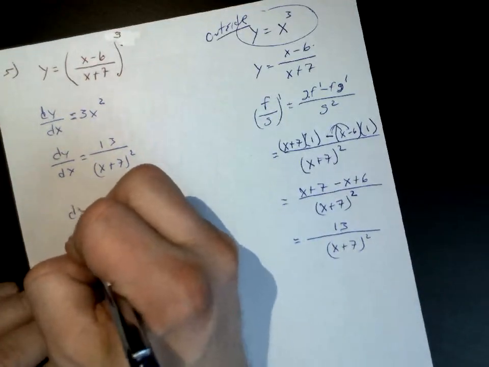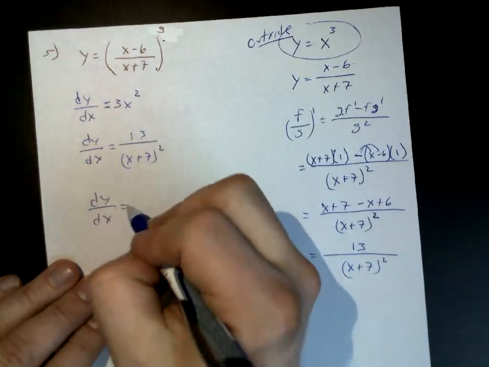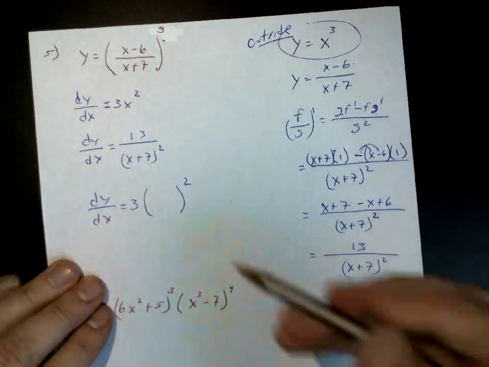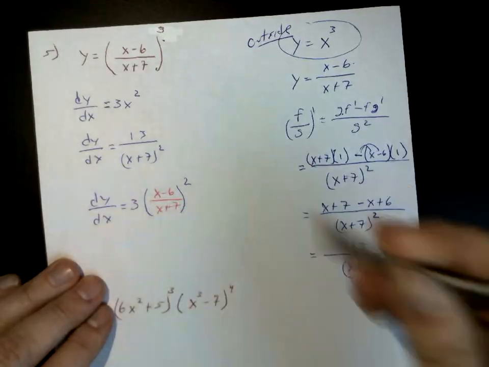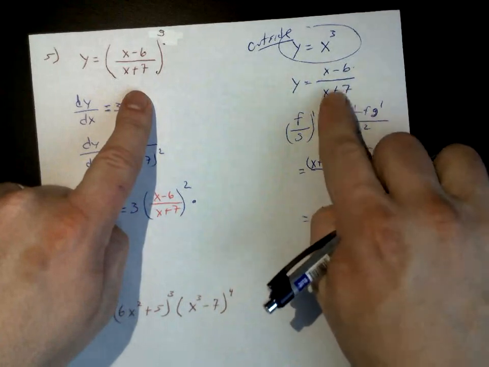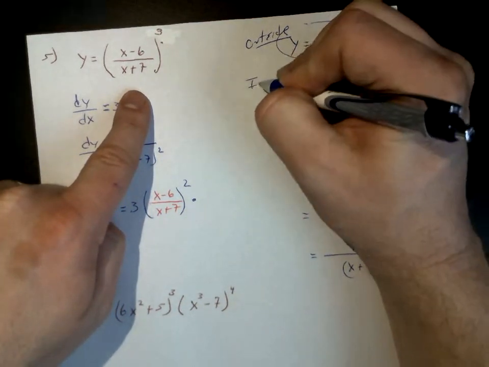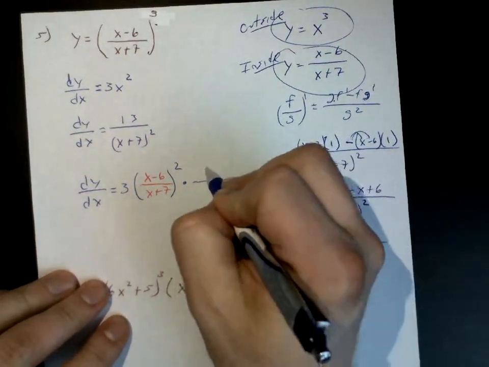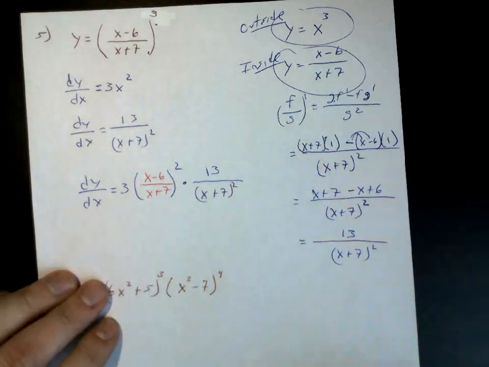So here we go. dy over dx is equal to 3 times the quantity (x minus 6) over (x plus 7), squared, times the derivative of this one now. This one is the inside. So this is 13 over (x plus 7) all squared.